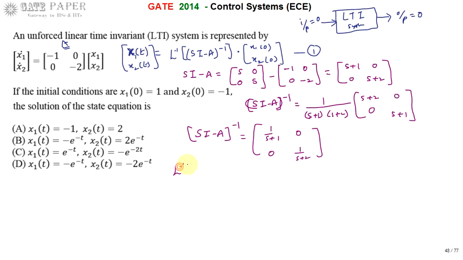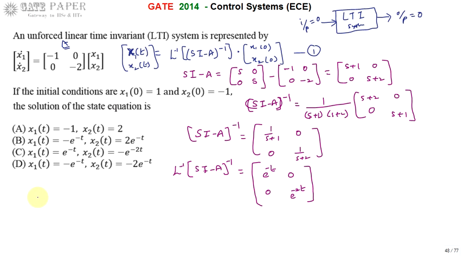The Laplace inverse of (sI minus A) inverse is: 1 by s plus 1 gives e power minus t, the Laplace transform of 0 is 0, and this is e power minus 2t. So this is the inverse Laplace transform of (sI minus A) inverse.